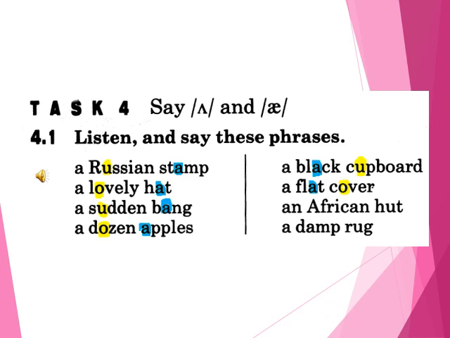It is pronounced A, cover. African, front A again. And the second one, hut, central A. And in the last one, you have damp. And the second word contains central A, rug.